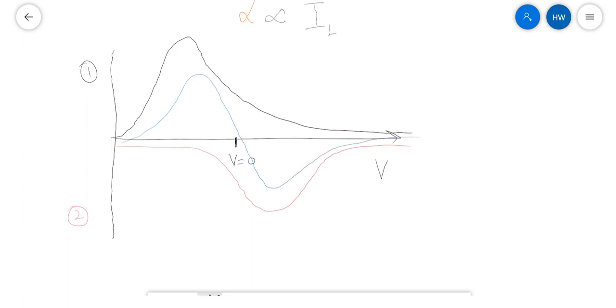And now you ask, what is the width? Where is this width coming from? This width essentially is gamma, because that's my spontaneous emission width, gamma. This width is actually gamma.